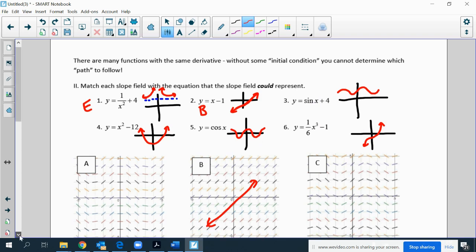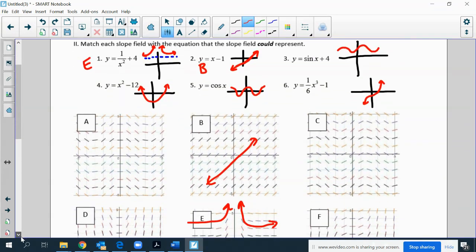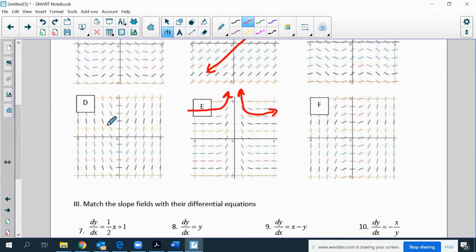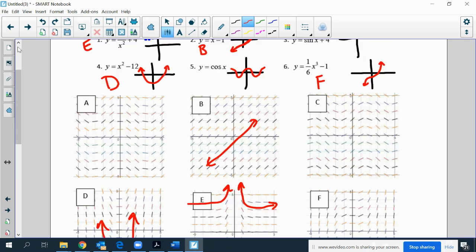Number 6 certainly looks like F could mimic that. And then D definitely looks like some sort of parabola situation. That's terrible. But some sort of parabola situation.